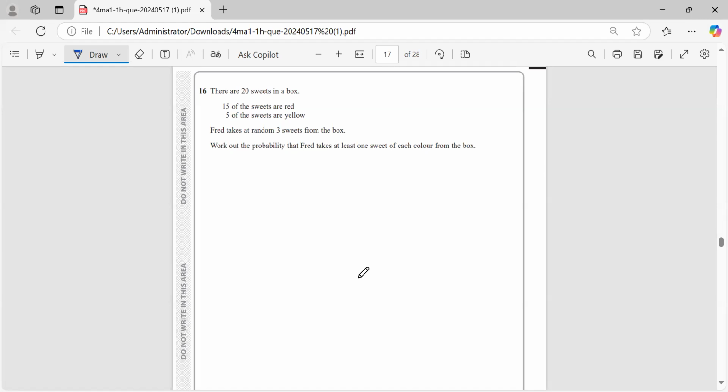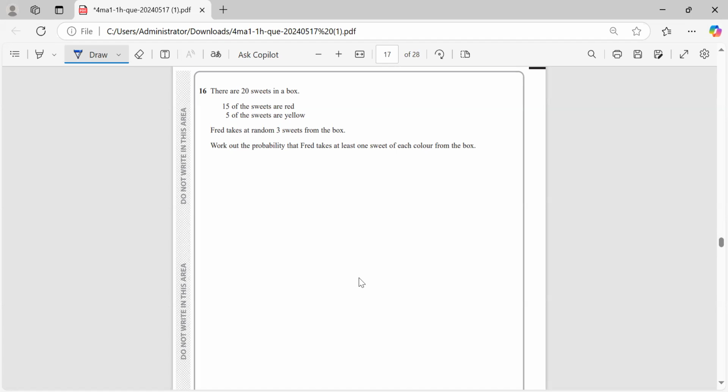So the total number of sweets is actually 20, and then 15 of the sweets are red and 5 of the sweets are yellow. So this one we should actually use a probability tree diagram to solve this question, right?